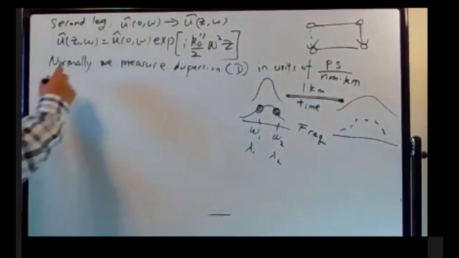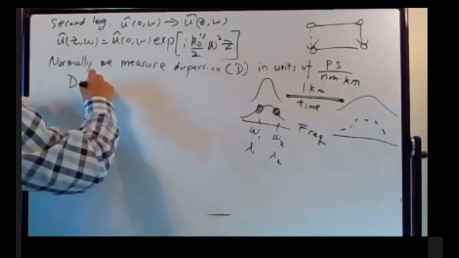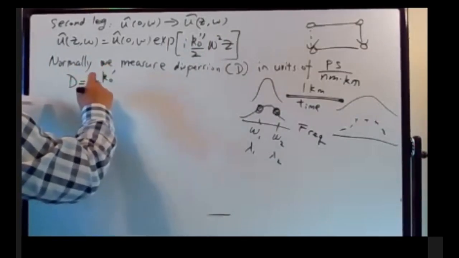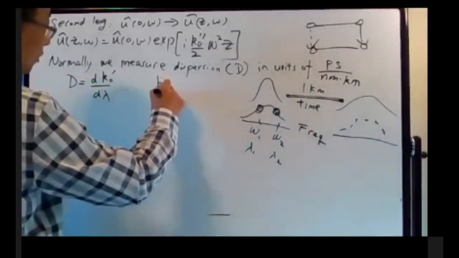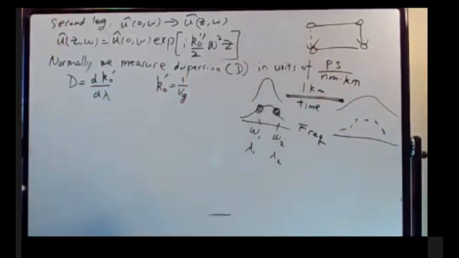Now D is dk naught prime d lambda, right? Remember, what is k naught prime? It's 1 over group velocity, right?